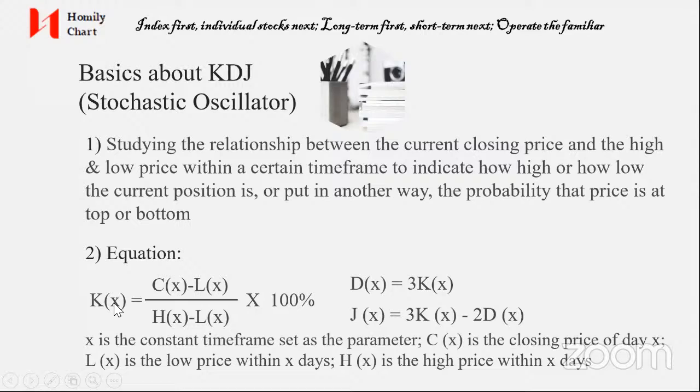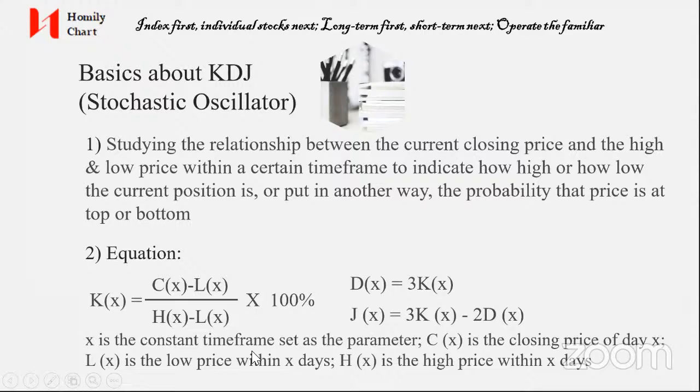If X is 14, it means we check 14 days. And same as a moving average, it is moving all the time. For example, the value for the 15th day should be the close price of the 15th day minus the low price still in the past 14 days, but we add the 15th day and drop the first day.